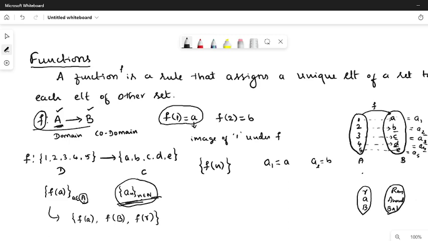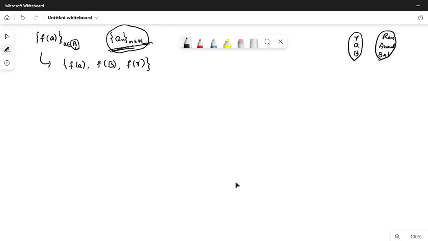Next, let us take some more simple examples of functions. Let us restrict our discussion to the set of natural numbers. That means I am restricting the domain A to be the set of natural numbers. Set of natural numbers means 1, 2, 3, 4, 5 and so on.